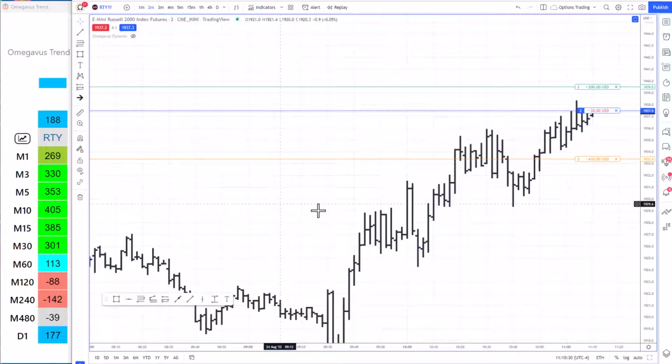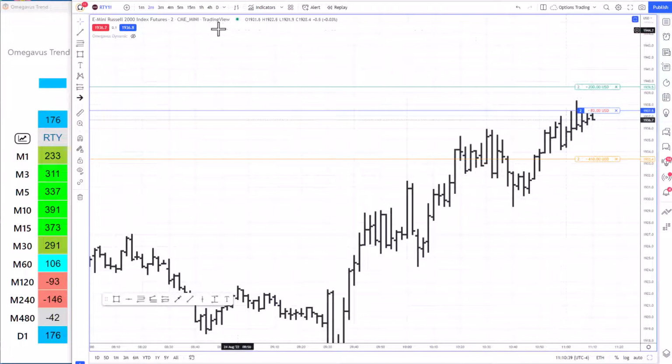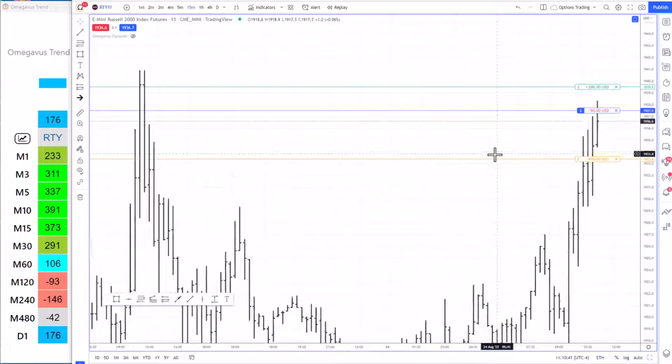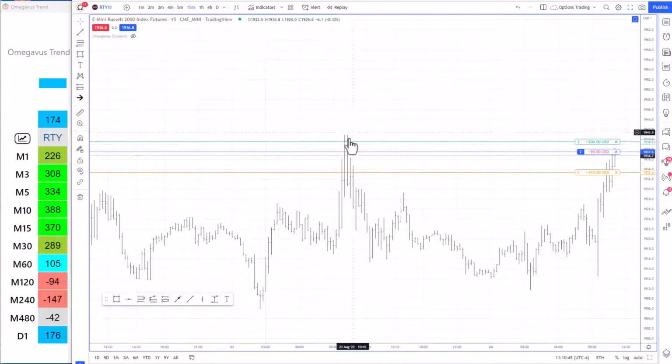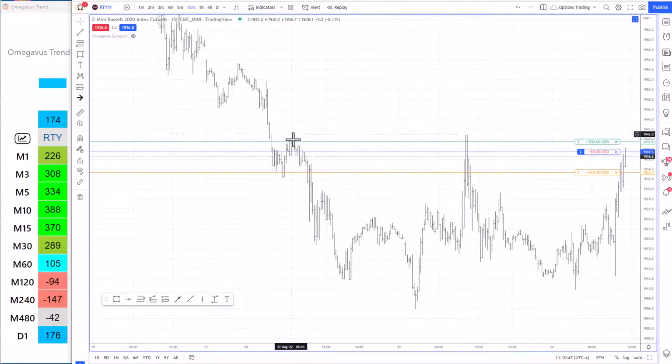I'm going to turn this off so I don't get distracted with all these colors that are beautiful. The next step is I'll go into a 15-minute chart and see if we can find some ideas of resistance and support. I notice this is a previous important high, and it's also a previous swing high right here.